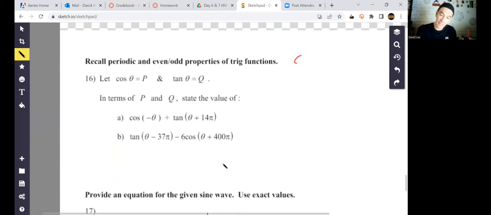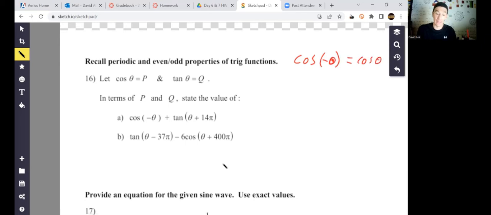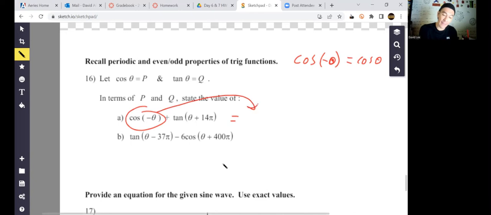So for 16, recall that cosine of negative theta is the same as the cosine of regular theta. So for part A, cosine of negative theta just becomes cosine of regular theta. Also recall that for tangent of theta plus or minus pretty much any integer multiple of pi, you're just going to get back basic tangent.